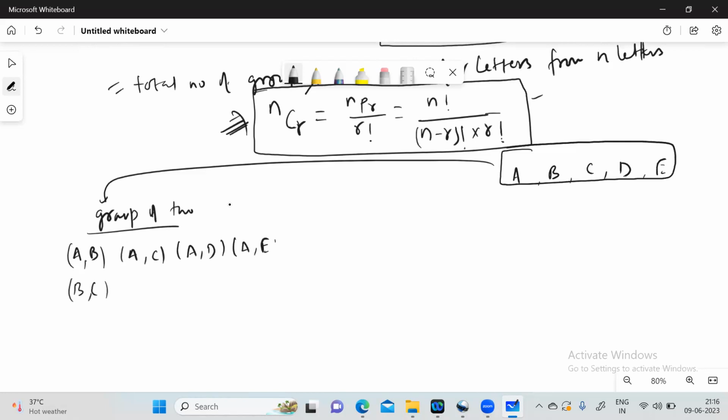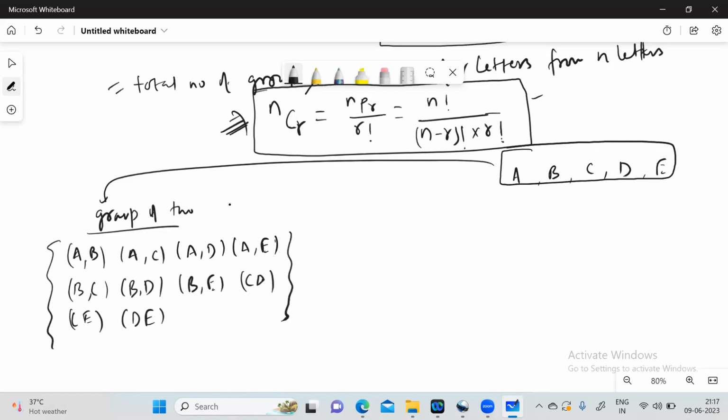So I'm not changing the order. You can write it in any order, it will still be the same group. BD, BE, CD, CE, and DE. Can you make any other group? No, sir. This is all.